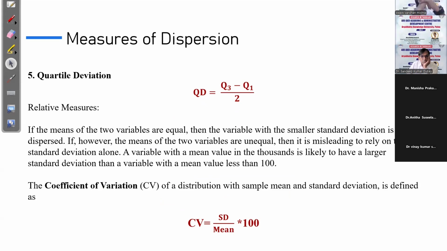And then you have the coefficient of variation. Coefficient of variation is the standard deviation divided by the mean into 100. You may not multiply it with 100, but standard deviation by mean is your coefficient of variation. I teach my students to collect the average score in the last 10 games by Virat Kohli and Rohit Sharma, and find the consistency.